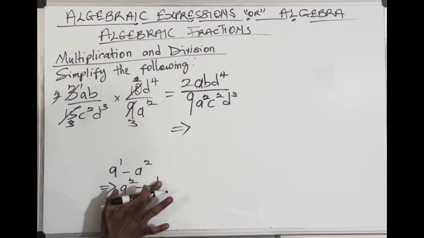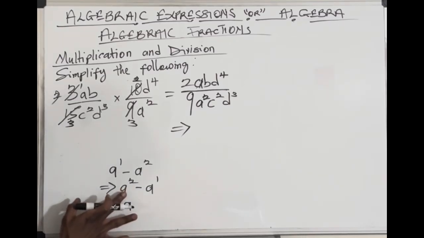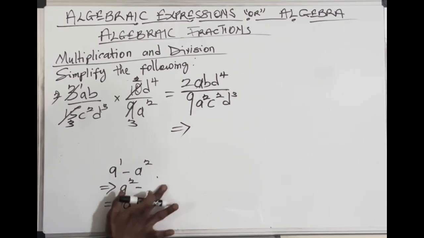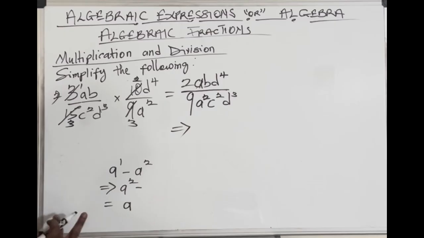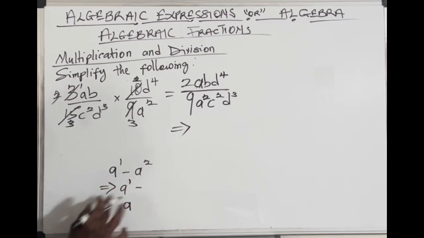When you subtract this 1 from 2, you get what? 1. So write a^1, but we don't write a^1, we leave it like that. If you've left it like that, that means the one that had that 1 will vanish. And this 2, because 1 is taken from it, will be 1, but we don't write the 1 there. So a, which is what? A. So that's what we did here.